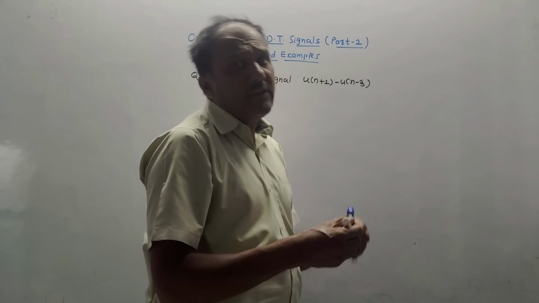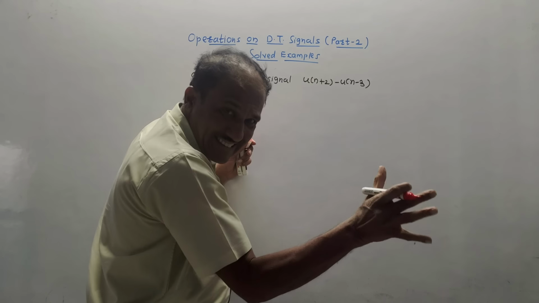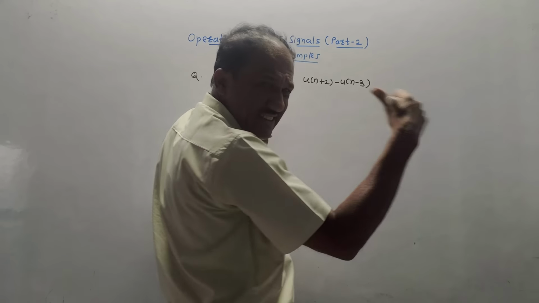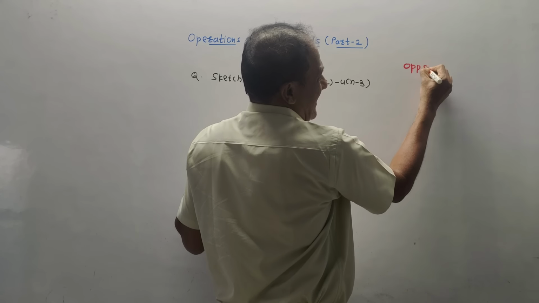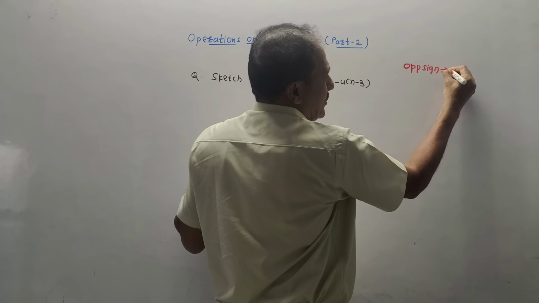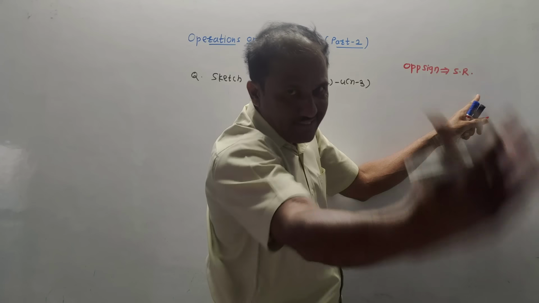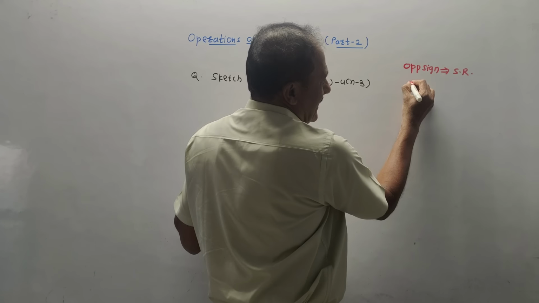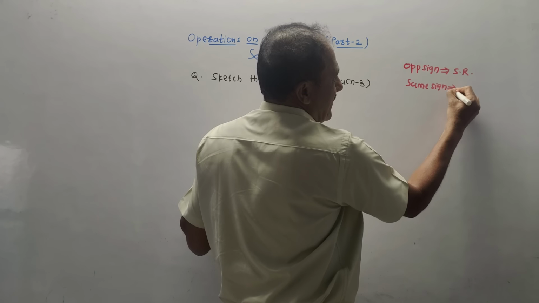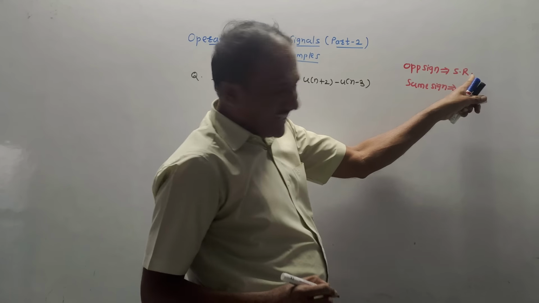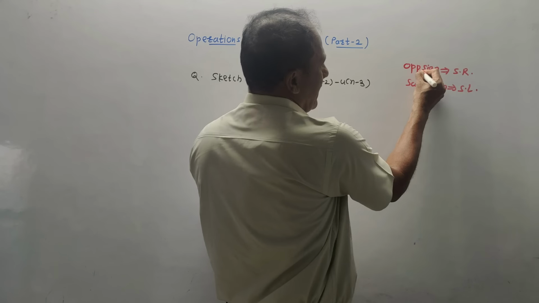What we studied in part 1, I will just brush up. Just check the signs inside the bracket, which is the simplest clue. If inside the bracket the opposite sign is there, then perform the shift right operation, shifting the given diagram to the right.